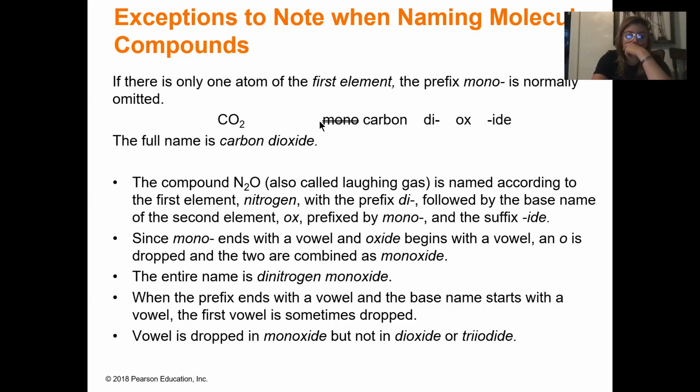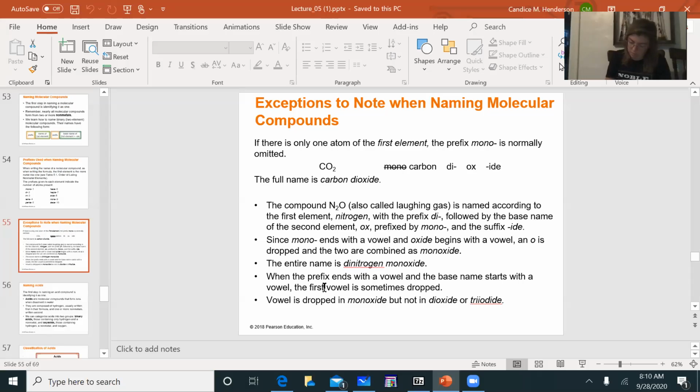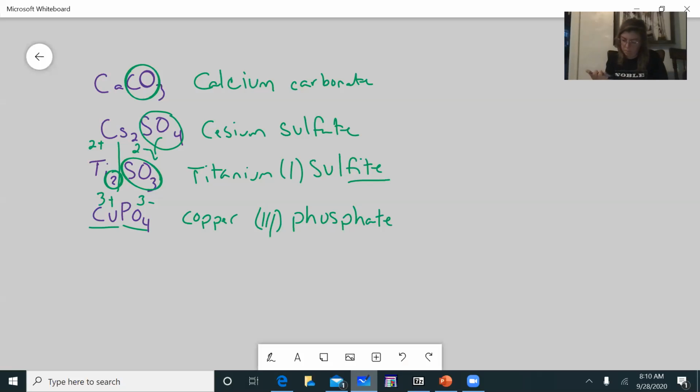But I'm allowed to drop the mono prefix only if it's on the first guy, okay? So I don't call this monocarbon dioxide. I call it carbon dioxide. That's the one exception as far as dropping. Let's go over here.